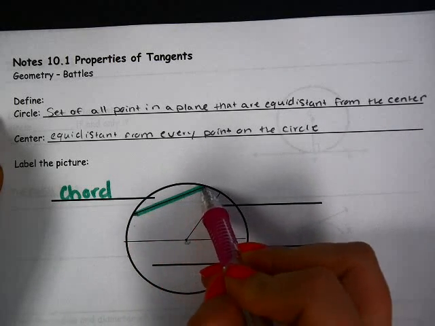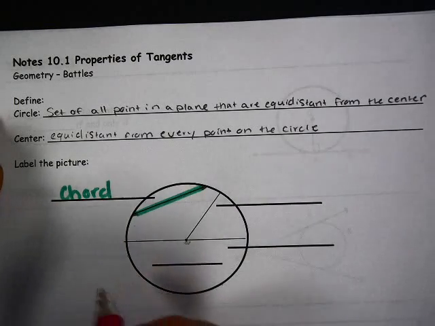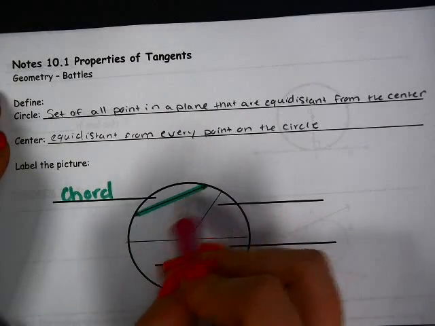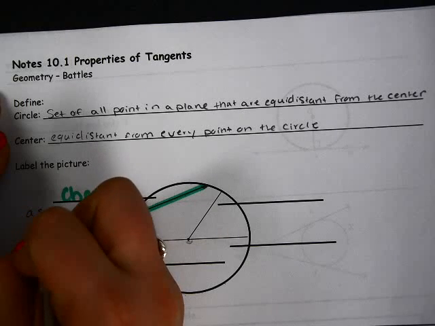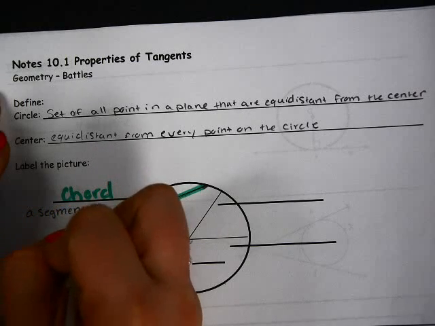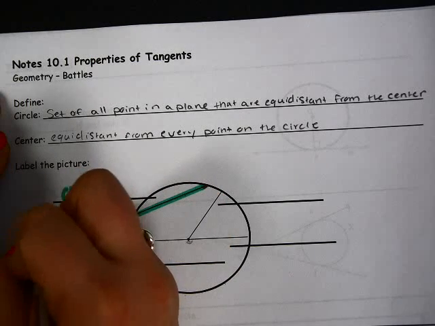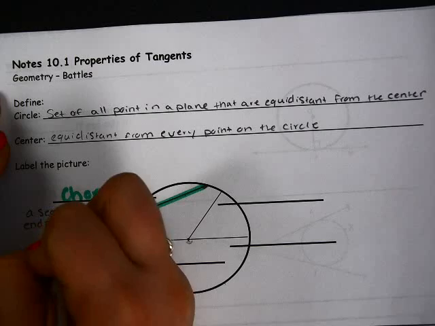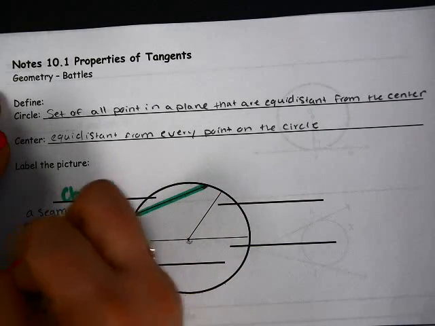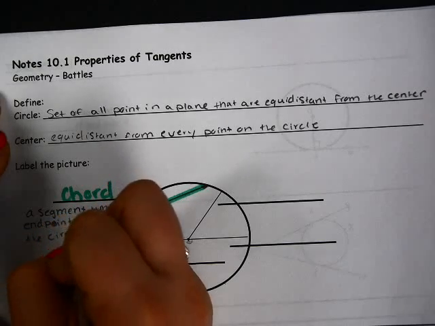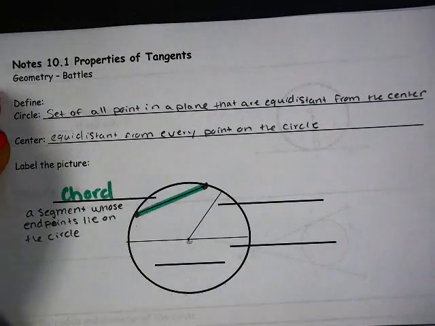It's just going to connect one part of the circumference to another part of the circumference. So its endpoints lie on the perimeter of the circle. So a segment whose endpoints lie on the circle. If these are the endpoints, they lie on the circle.